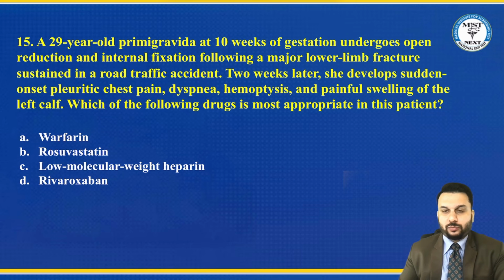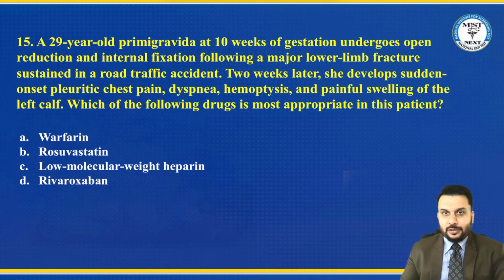Okay, so now this looks like a case of DVT which has converted to pulmonary embolism. So fat embolism or whatever it is, basically this is a case of pulmonary embolism right now.